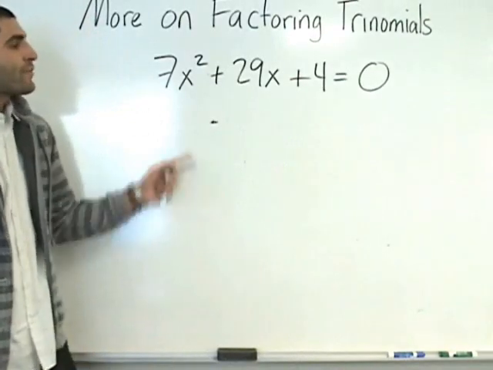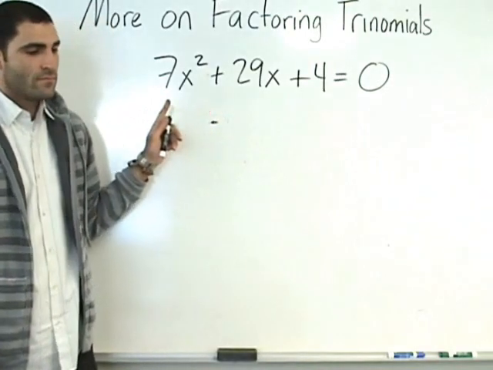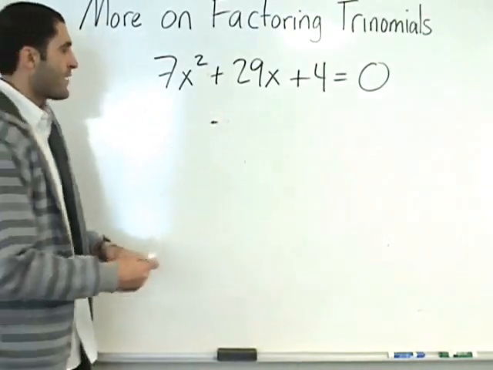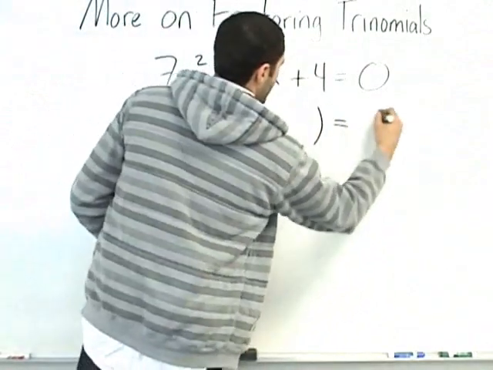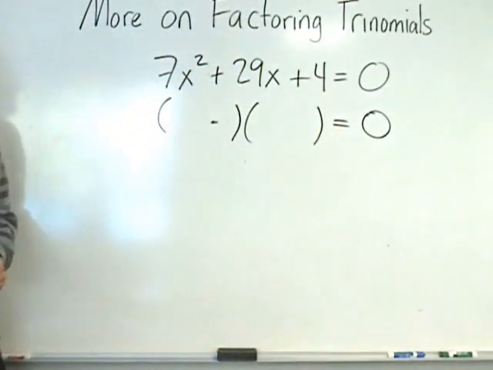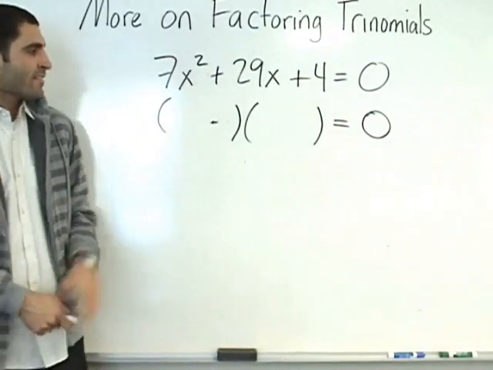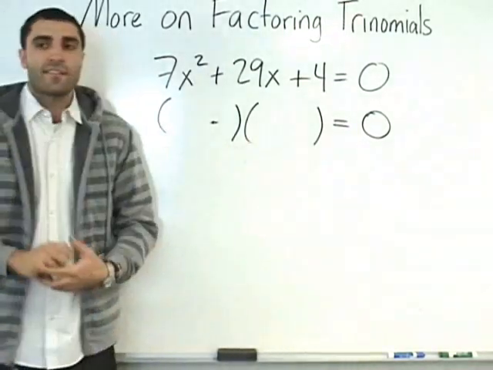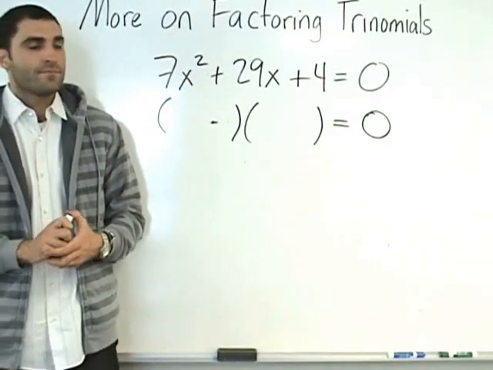Okay. So, first things first. Is there a greatest common factor? No. There's no greatest common factor, so we can start our factoring process. If we were to do the foiling process, what times what is 7x squared? 7x and x on each side.